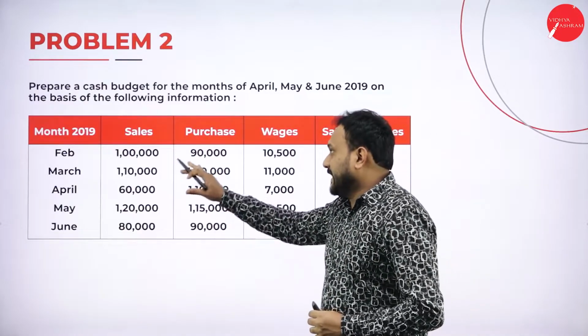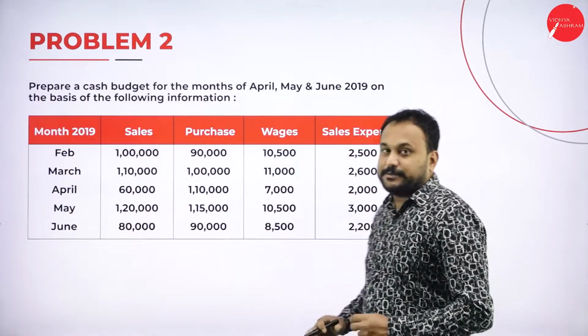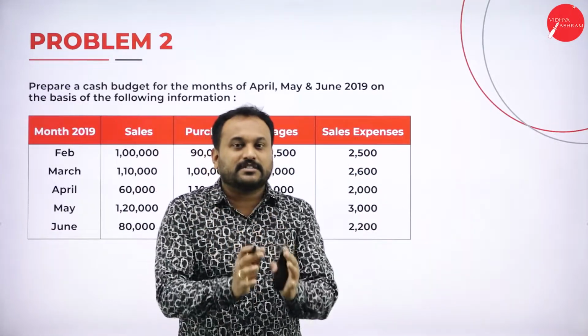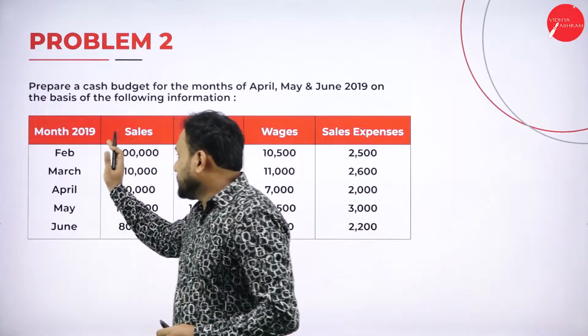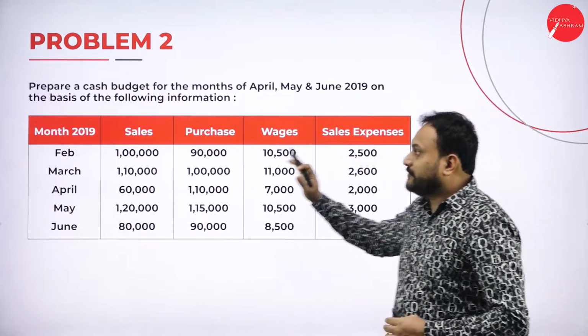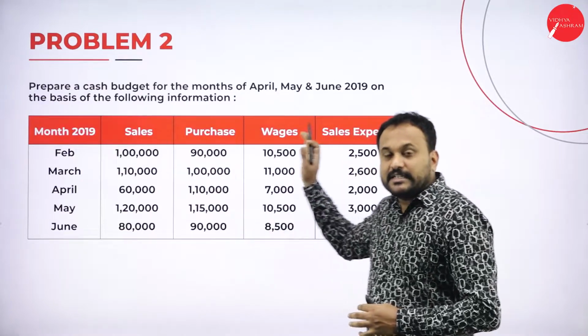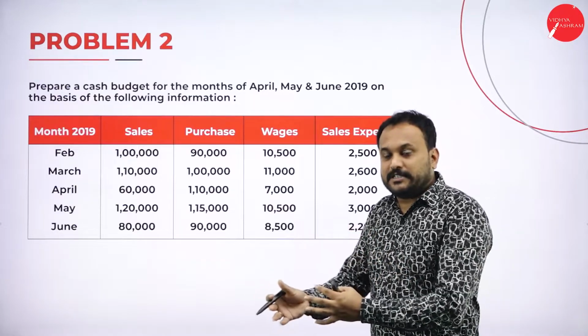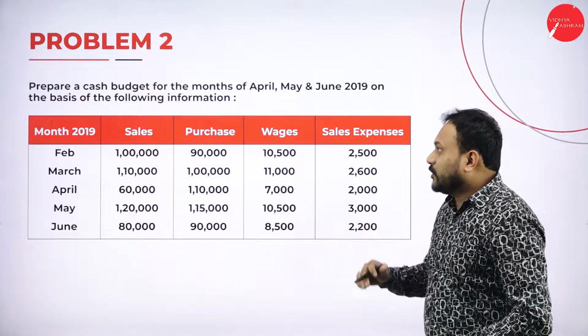Now they have given us sales, purchase, wages and sales expenses. Make sure that you understand the difference between sales and sales expenses. Just to confuse you, they have given you sales expenses. They could have given you selling expenses, but they have said sales expenses. Both are different. Now we'll go with the first one.